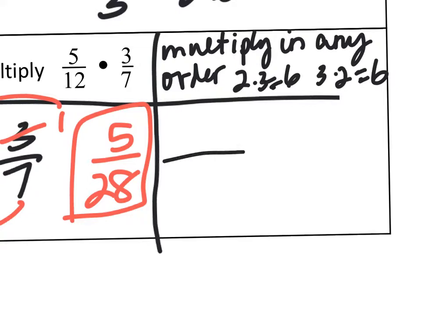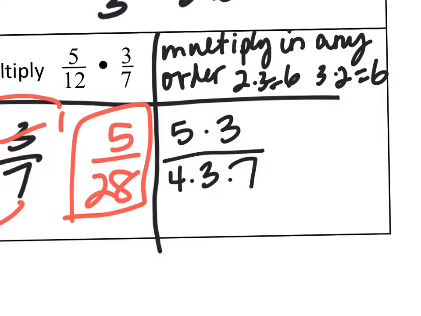So on the top of that, I could have 5 times 3. And on the bottom, I'm going to break anything into factors that I can. And I'm going to use factors that I see up here. So 12, even though I know I can multiply 2 and 6, that doesn't really help me a whole lot because 2 and 6 don't live up here, but a 3 lives up here. So this is actually, 12 would be 4 times 3, and then I have to multiply it by that 7.